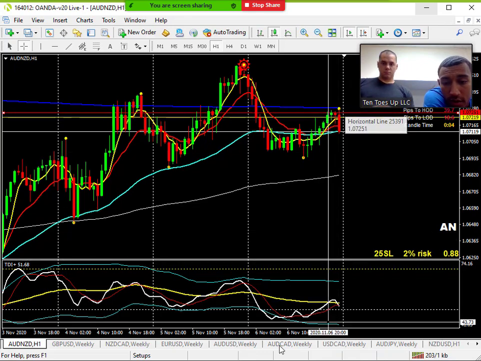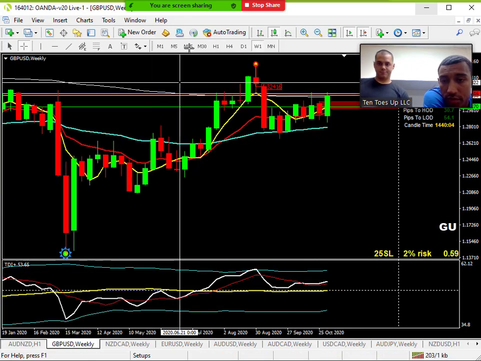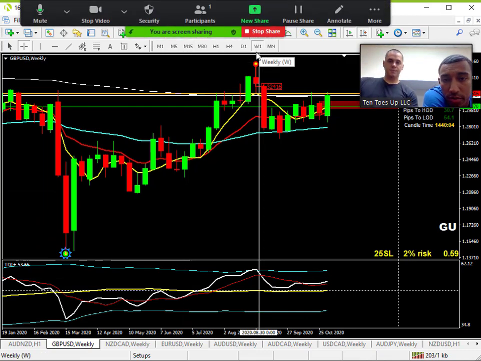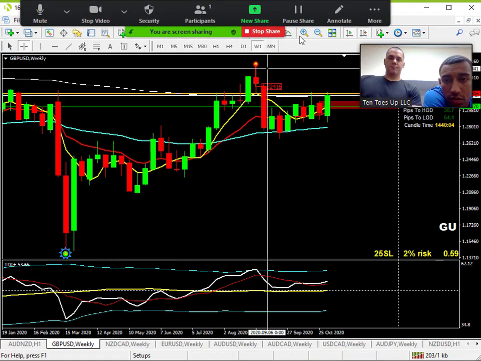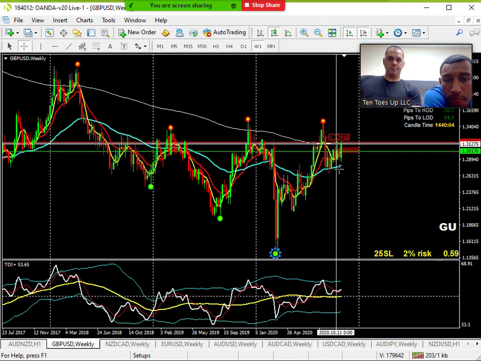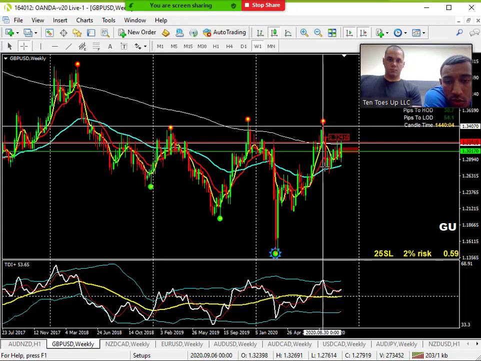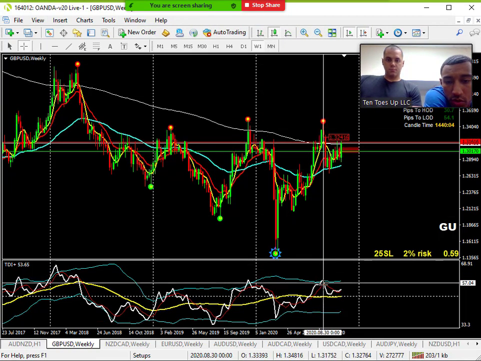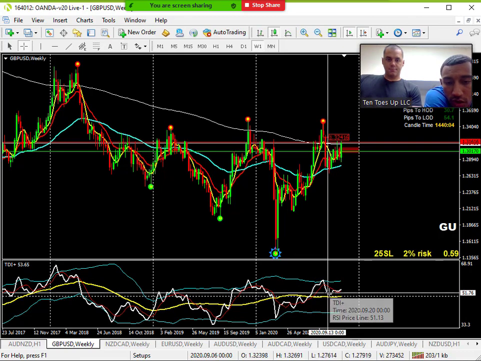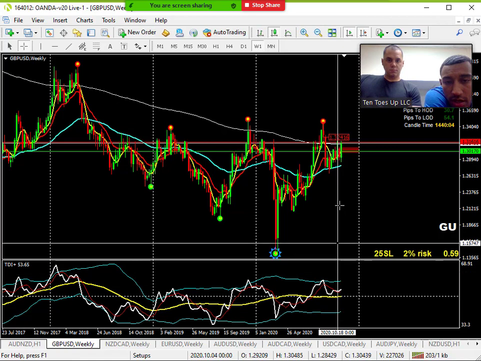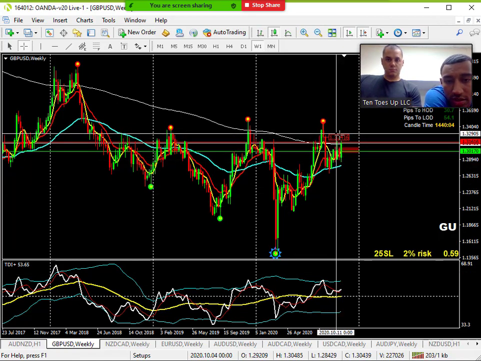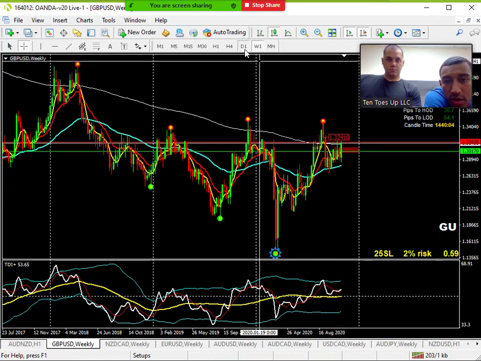Next one is the Great Britain pound US dollar. Zoom out. You see we have a moon here, hit the Bollinger Band, right, close right above the 50 EMA and the mid-level line, and it's coming back up to retest this high right here.